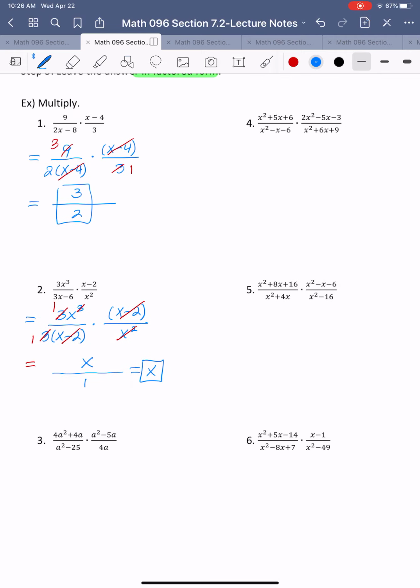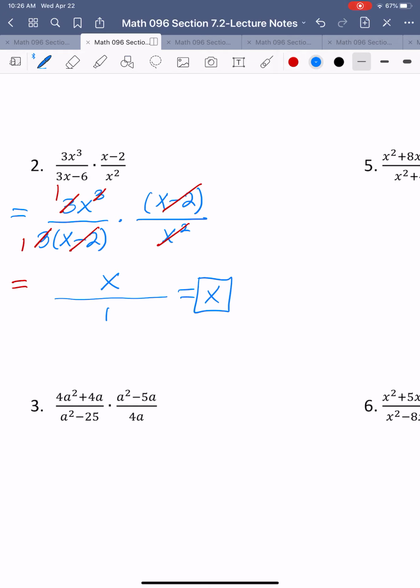All right, number 3. In the numerator, I'm talking about the 4a squared plus 4a. The GCF is 4a, and then you've got a plus 1.